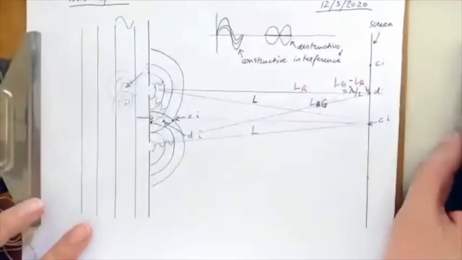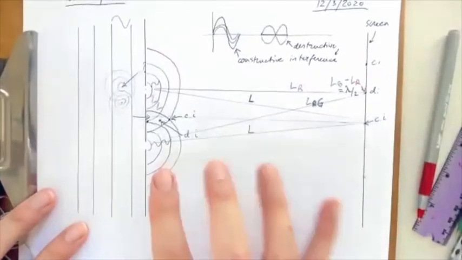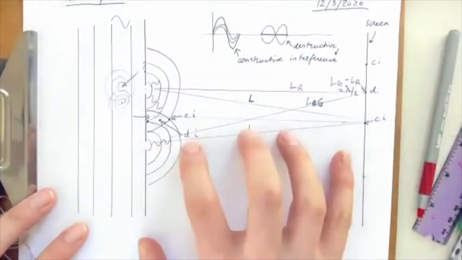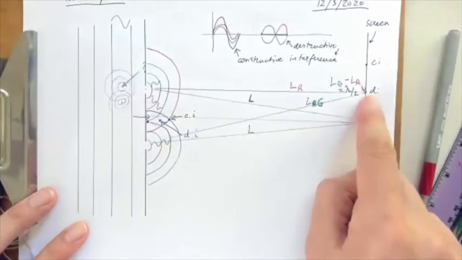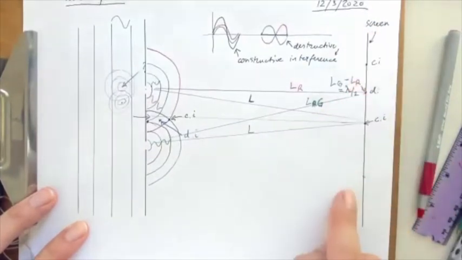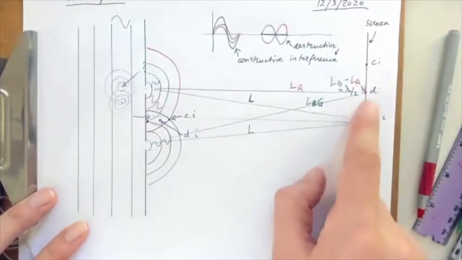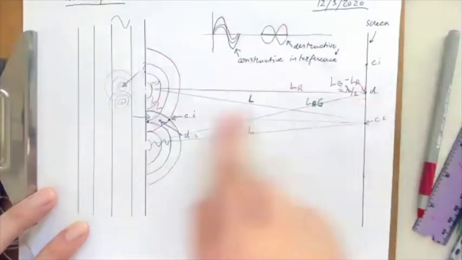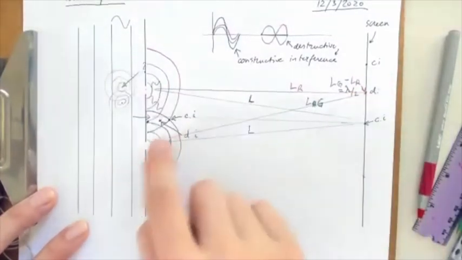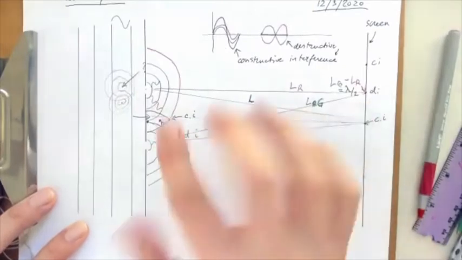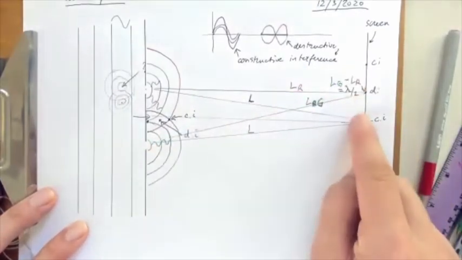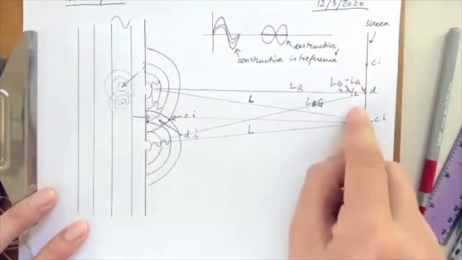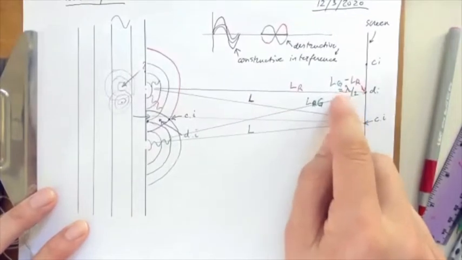If we want to know where these spots are, we need to find the path difference from here to there, minus from here to there, or the other way around, as a function of the height here. When that path difference is half lambda, then it's destructive.